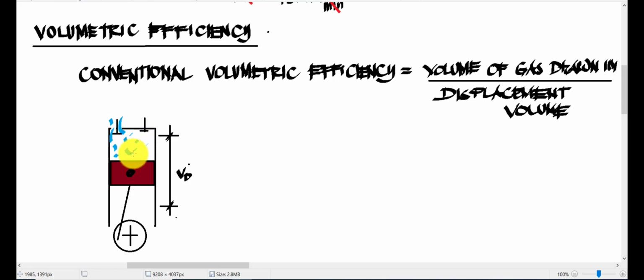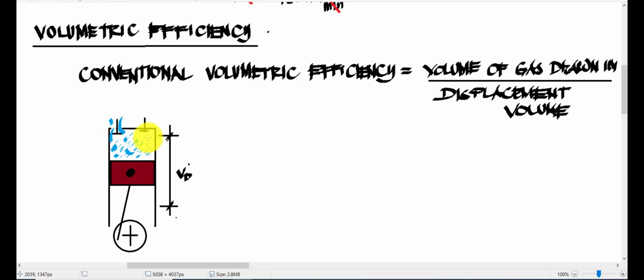These are not being filled full of air, only partially. So the volume displaced by the piston is not equal to the amount of volume of air being sucked by the compressor during the suction stroke.